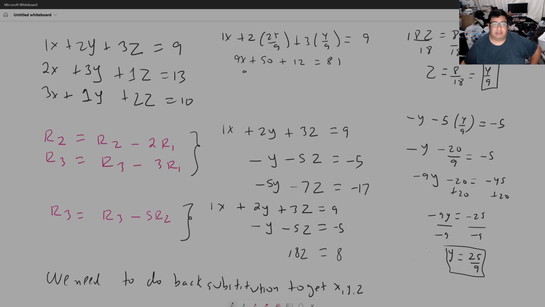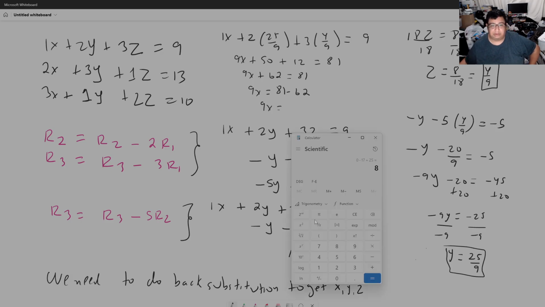Now 9x plus 62 equals 81, so 9x is equal to 81 minus 62, that's 19.